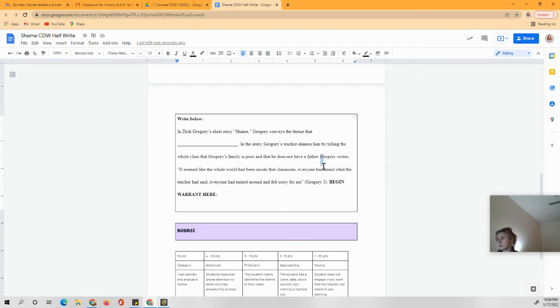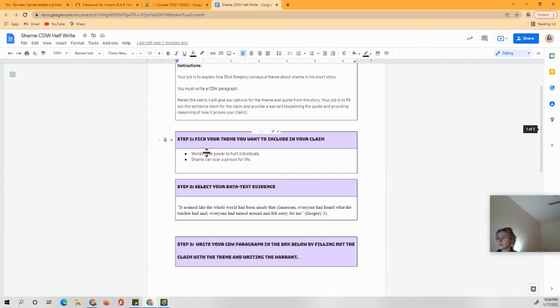Context. Gregory writes, "It seemed like the whole world had been inside that classroom. Everyone had heard what the teacher had said. Everyone had turned around and felt sorry for me." Your job is to prove, how does this quote prove your claim of one of your themes? How does it show this theme?